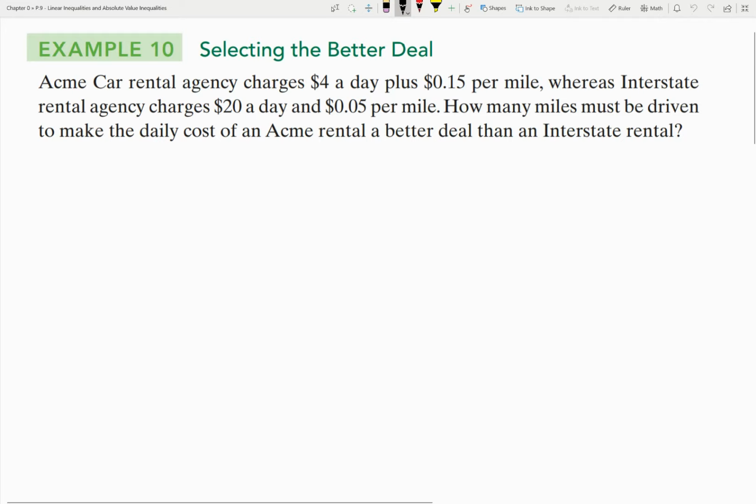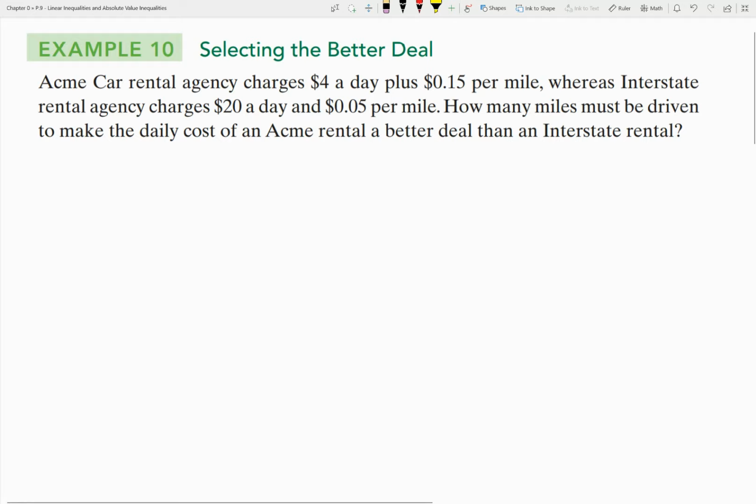So obviously, if you think about this, Acme is cheaper if you drive less. Interstate is more expensive to start, but the more you drive, the cheaper it's going to be. Because it's paying 5 cents and 15 cents, eventually Interstate is going to be cheaper, but it doesn't start out that way. And that's the question.